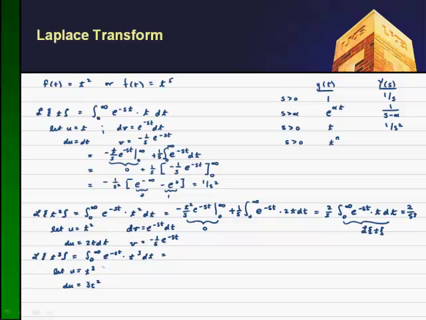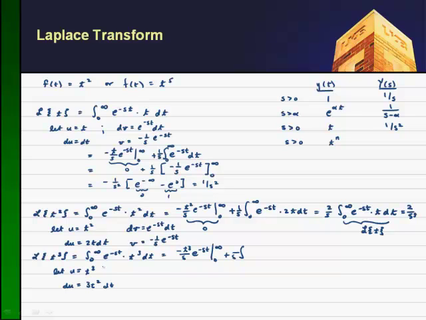So du is 3t squared dt, and dv is going to be the same. So dv picks up the e to the minus st dt, and v is this. So I can write this out now as u times v. So here I'll get a negative t cubed over s e to the minus st, evaluated from 0 to infinity, minus the integral of v du. So v again was the negative 1 over s, so this becomes plus something over s.